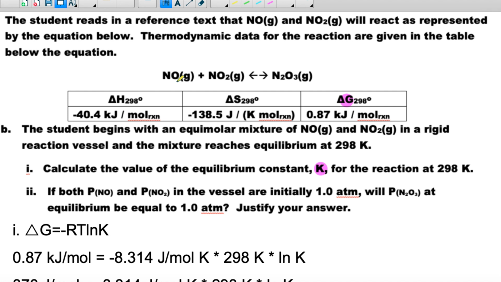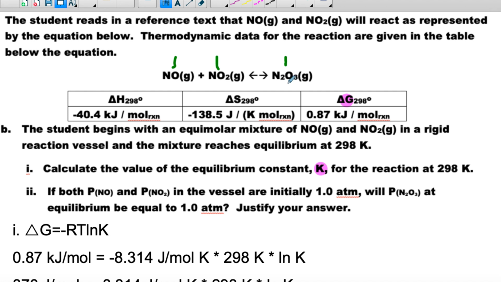If you have 1 atmosphere of the NO and 1 atmosphere of the NO2, then when they react together, they will only form 1 atmosphere of the N2O3. And that's just from the stoichiometry of the problem. 1 NO gives you 1 N2O3.